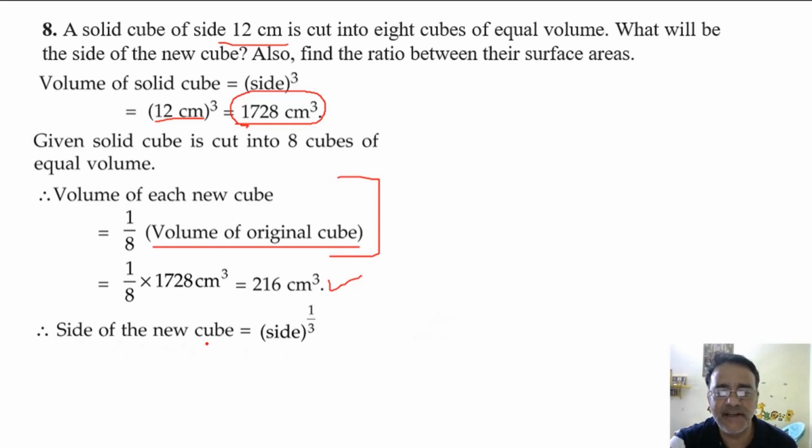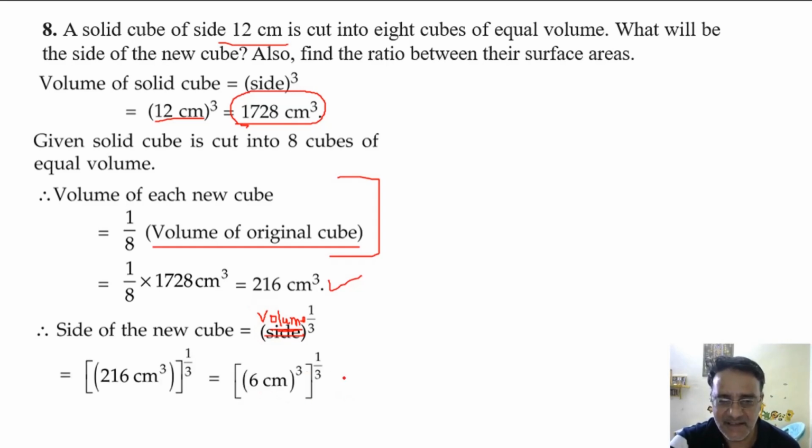So the side of the new cube will be the cube root of, wait, this is area, volume, sorry. Cube root of volume. Okay, you have to correct it as volume. So cube root of 216, and this is 6 centimeter. Any doubt here? No, sir.